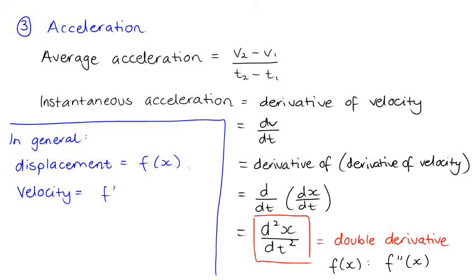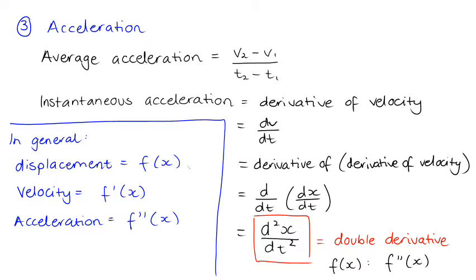Velocity would be the gradient of that function, and acceleration would be the derivative of that derivative. For instantaneous, it's different if you're doing average, because average is over two reference points. So, finding the double derivative.